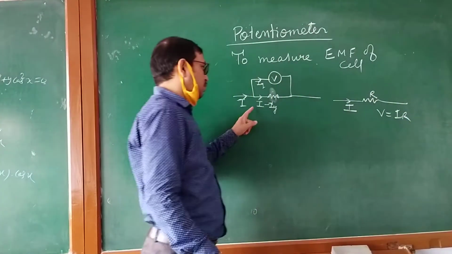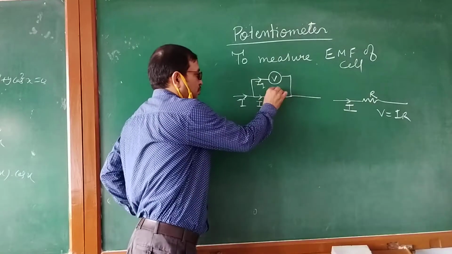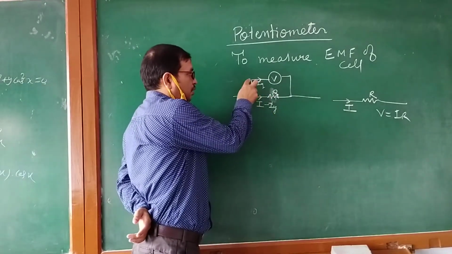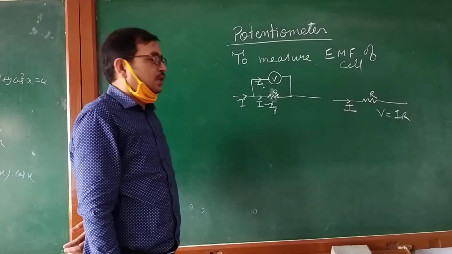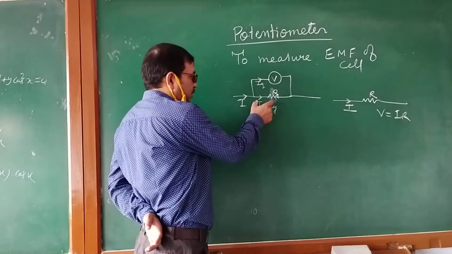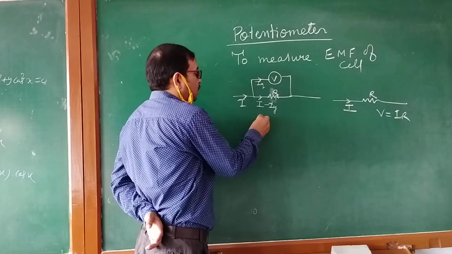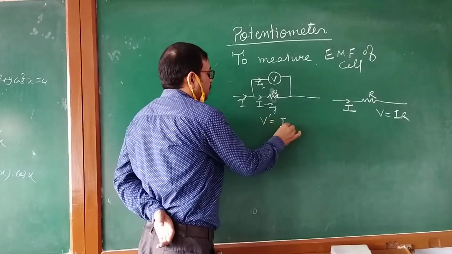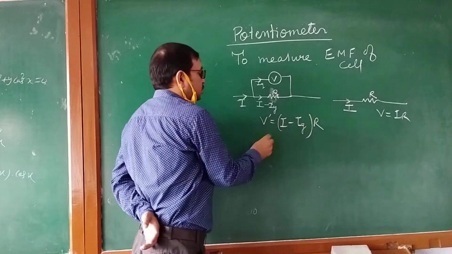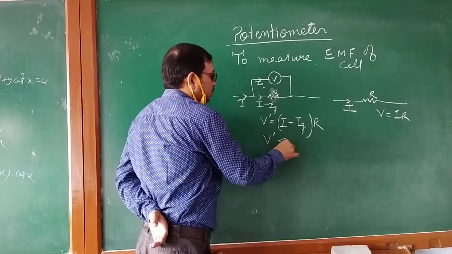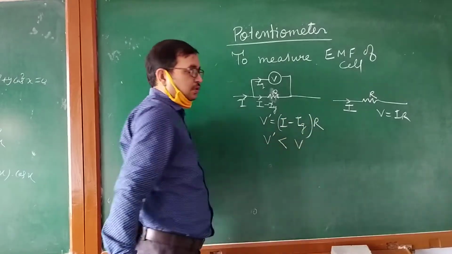I into R. Now in this state, when some part of the current is used by the voltmeter for its working, then the rest of the current will pass through R. So what will the new potential drop be? (I minus Ig) into R. So of course this potential drop will be less than V.